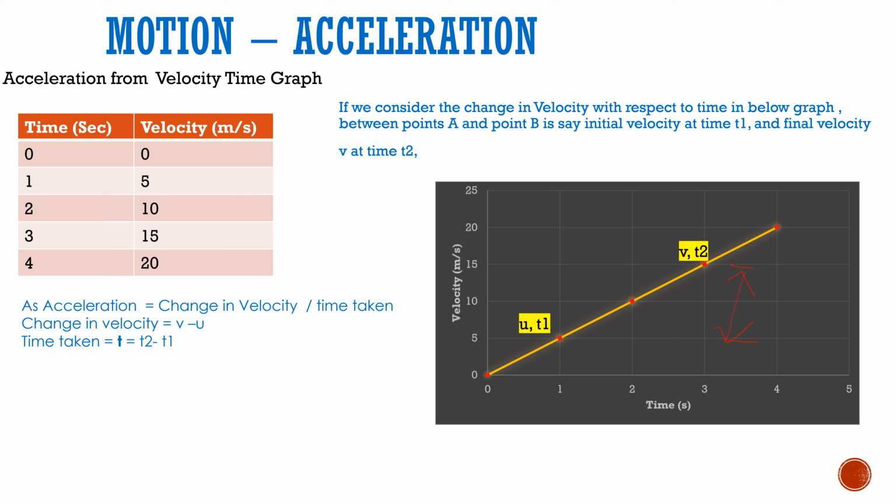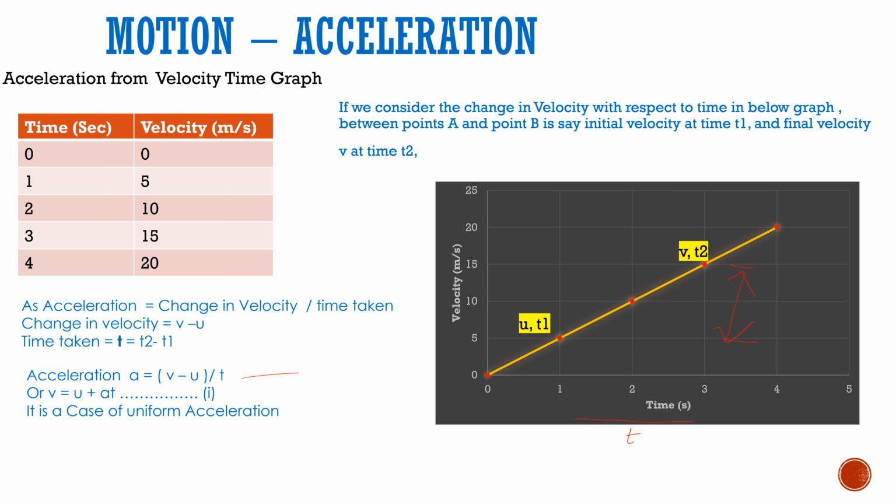And the time between these two is t2 minus t1. Say it is the total time taken as t. So in that case we derive that acceleration is v minus u by t, where t is the total time, delta t, nothing but t2 minus t1.